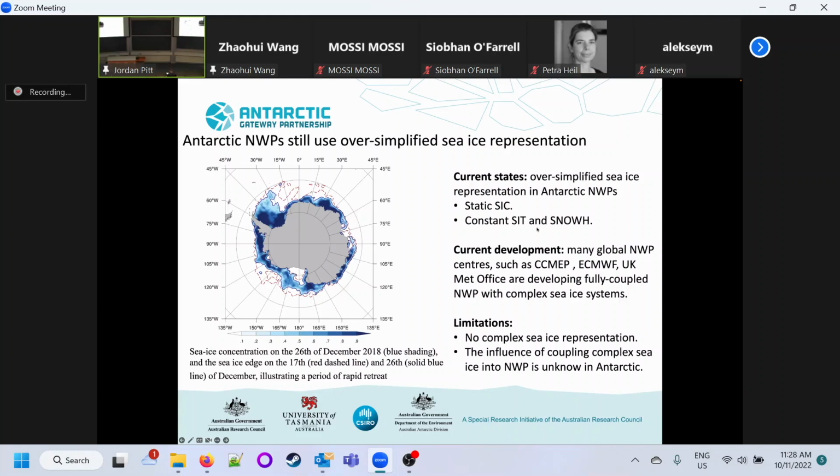But for Antarctic optimized numerical weather prediction models, they still use a very simple CS representation. They don't have a complex CS representation. So the influence of coupling a complex CS model into numerical weather prediction in Antarctic is unknown, and what we are doing here is investigating the influence of that.